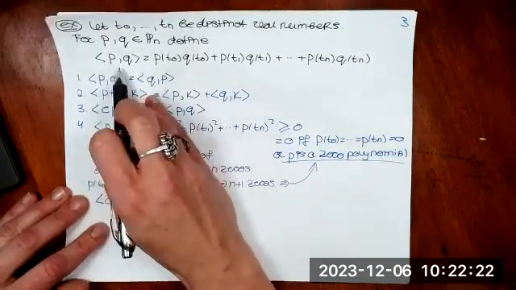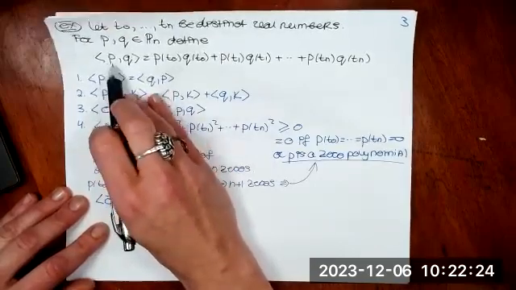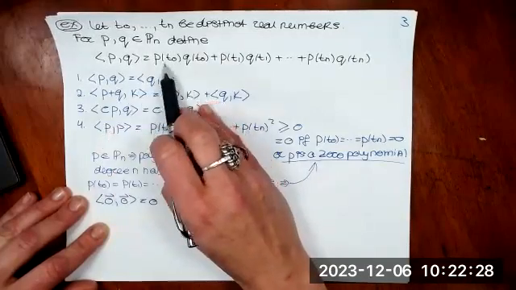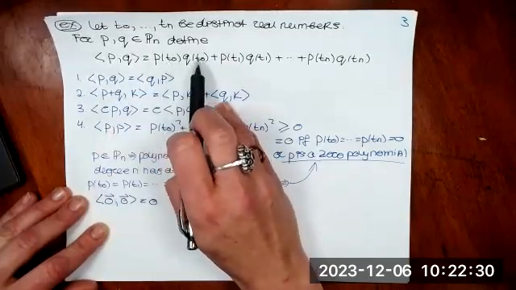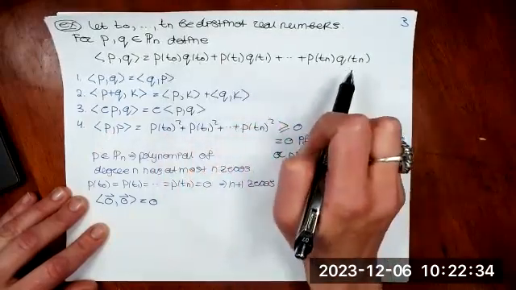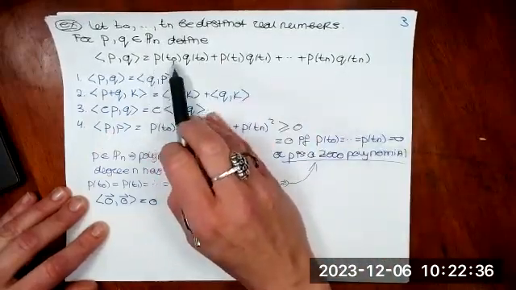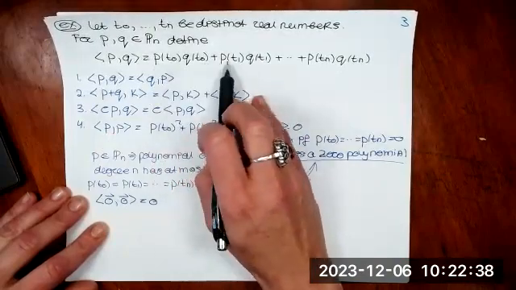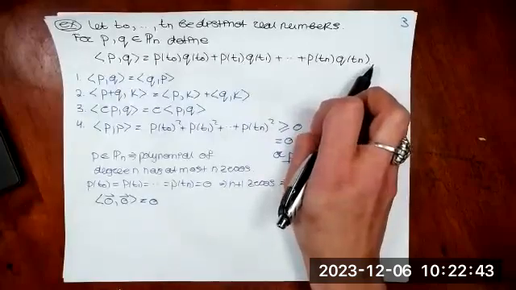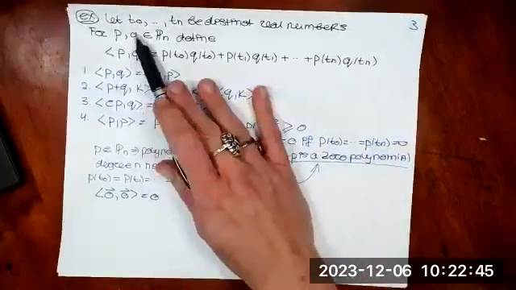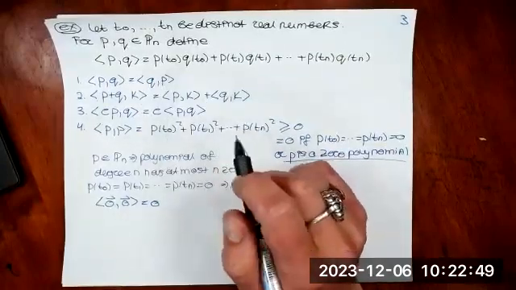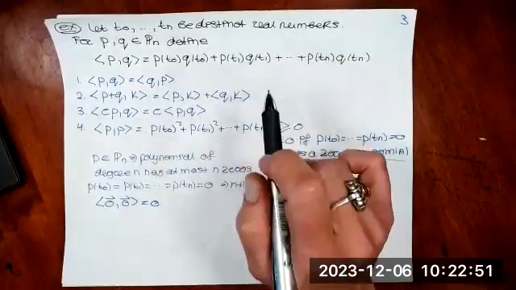I'm defining the inner product of two polynomials p and q as evaluating the polynomials at t0, t1, all the way to tn, and multiplying: p of t0, q of t0, p of t1, q of t1, and all the way to p of tn, q of tn. I'm just plugging in whatever those fixed numbers are into the polynomials and multiplying them. So that's my definition of that inner product.